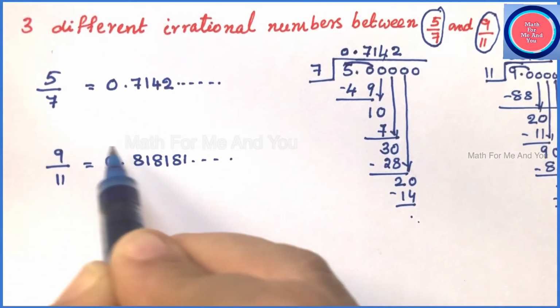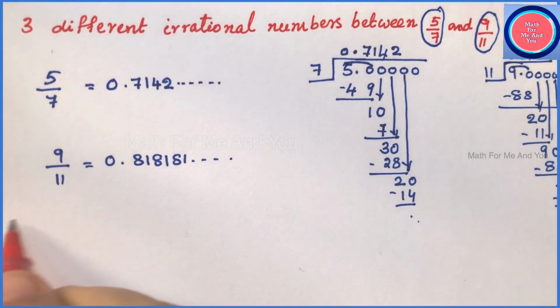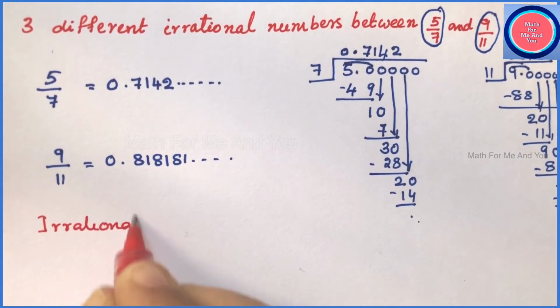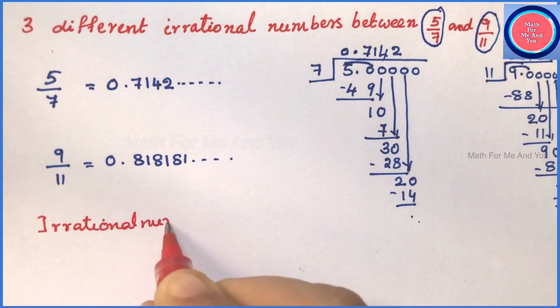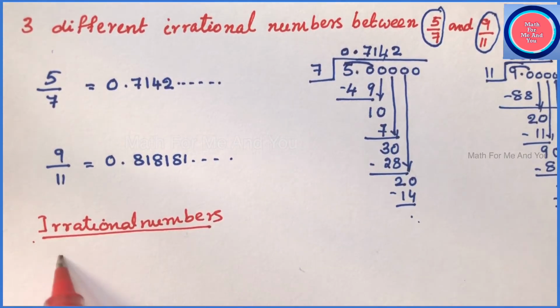We need 3 irrational numbers between these two decimals. The question is to write 3 different irrational numbers. What do we understand about irrational numbers, what type of decimal form do they have?